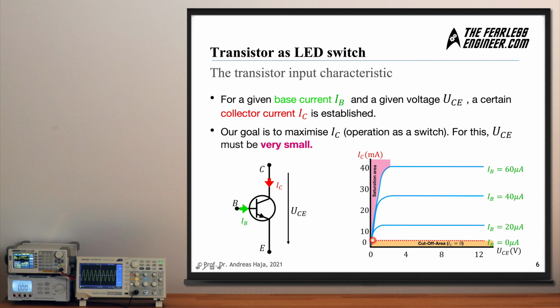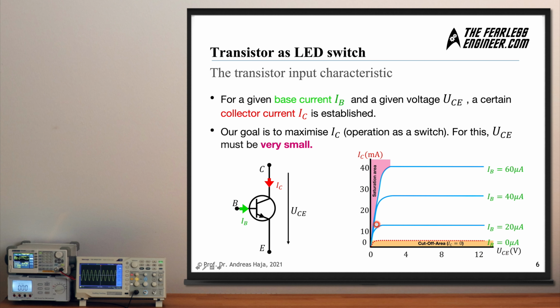But as soon as you increase the collector-emitter voltage a little bit, the current flow increases depending on the base current. And if you increase the base current, let's say to 40 milliamps or to 60 milliamps, you can see that the basic shape of the curve is rather similar, and this steep slope shows that this strong increase of current flow is happening on the first few, let's say, volts of this collector-emitter curve here.